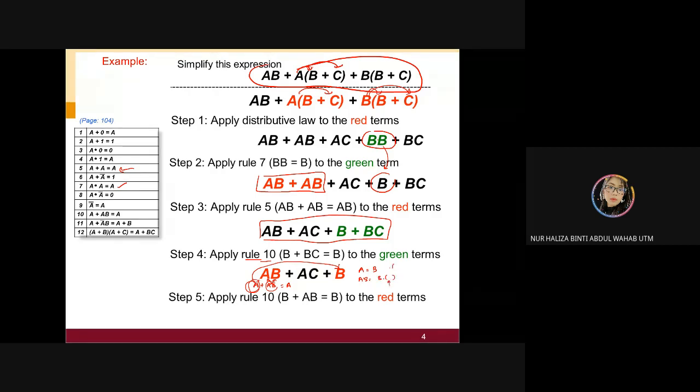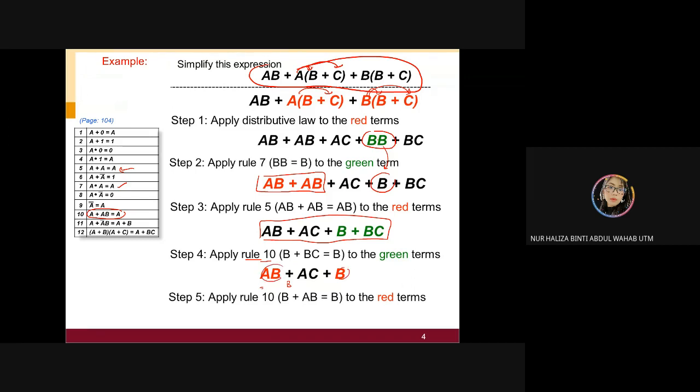So supposedly our B here is A. So you just swap, then you will get equal to A. What is A is B. Our A is B.